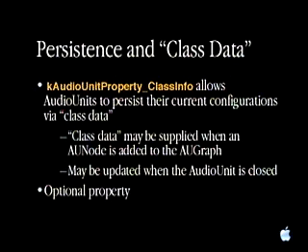And the audio unit is able to make use of this data in any way that it wants. There's no data format that's defined currently for it. But it's a way to maintain persistence, because when the graph is closed, data can be gotten from the audio unit and stored in the node. So it can be recreated in the same configuration that it was.